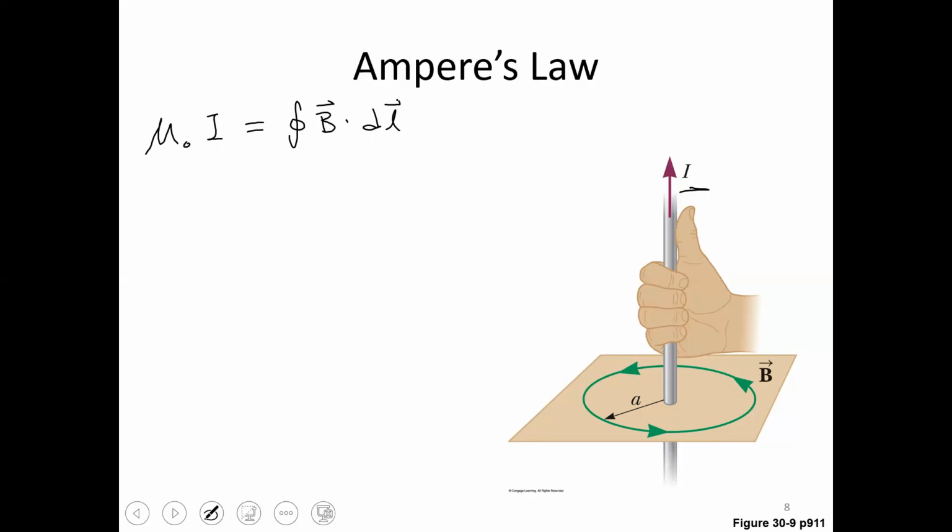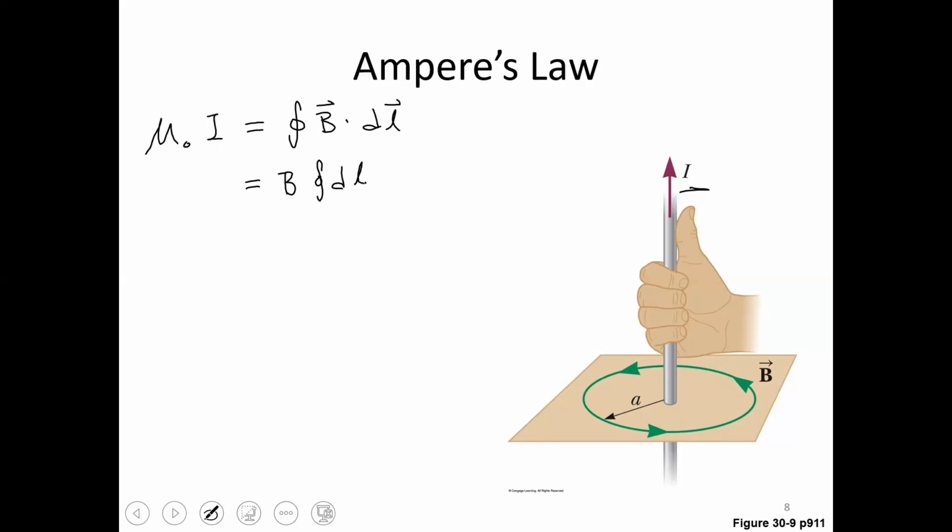We've chosen a path so that B dotted with dL is just B times dL, and we've chosen a path that's the same radial distance away so that we expect the magnitude of our magnetic field to be a constant at that distance from the wire.